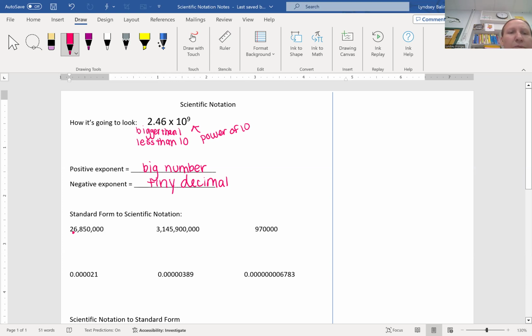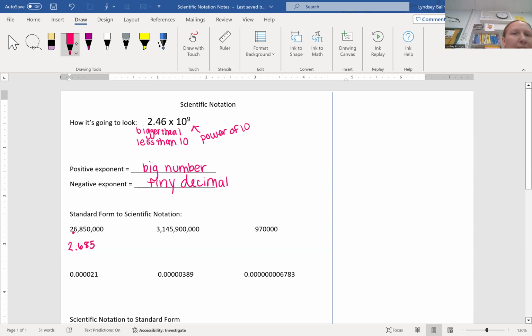So I'm going to put the decimal right here between the 2 and the 6, because that would give me 2.685. And when I'm writing my number, I get rid of all those zeros at the end. Technically I could write them, but because they're in a decimal now, I don't need them. That's why this condenses our numbers a little bit and makes it a little bit easier to work with. So I'm going to say 2.685.